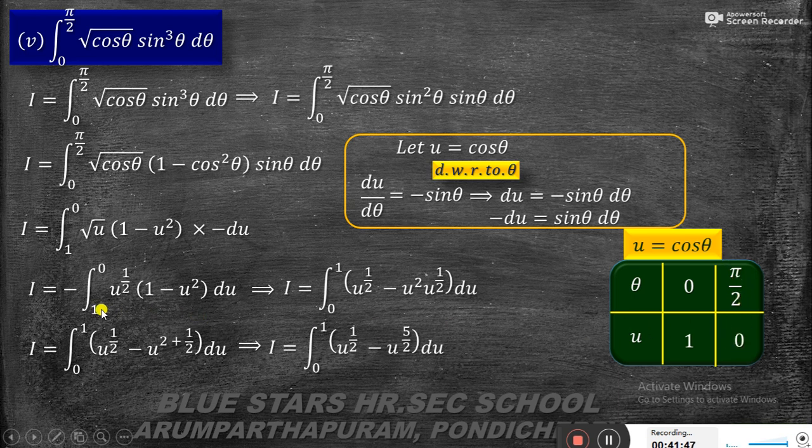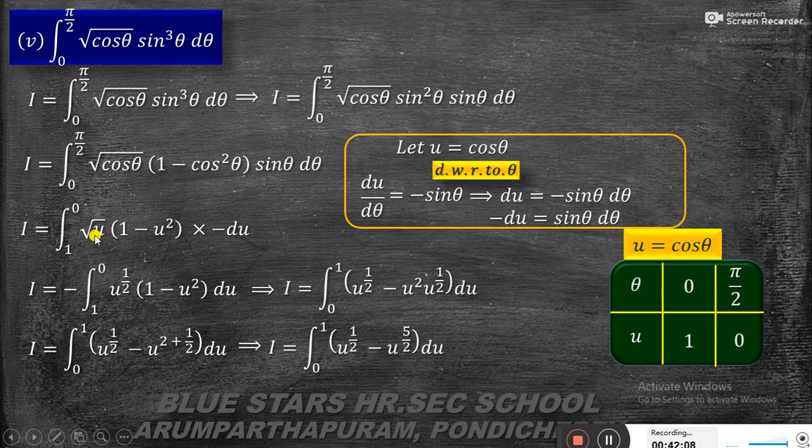So the next step I write the given integral, that means I equal to integral 0 to pi by 2 square root of cos theta sin cube theta. I write the sin cube theta as sin square theta sin theta, and the sin square theta I write as 1 minus cos square theta, sin theta d theta. Now I take the substitution u equal to cos theta, and from this I find out the interval and everything.